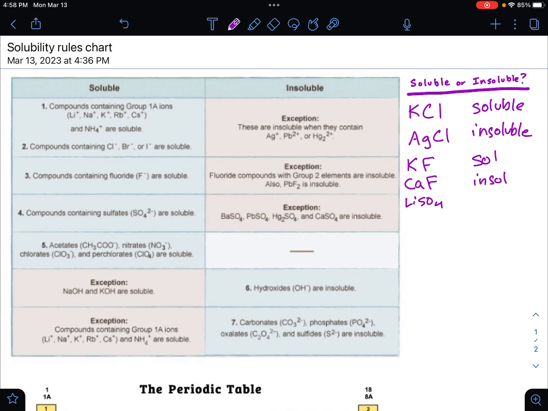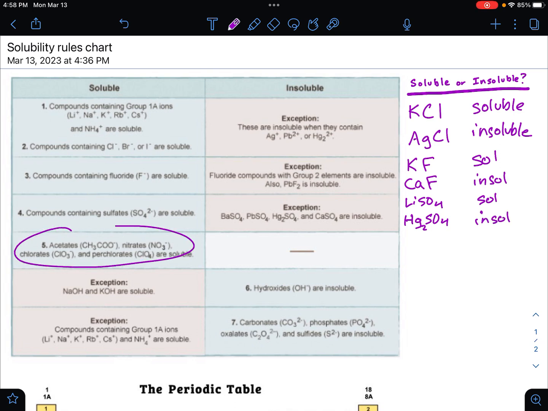Well, we know sulfates are soluble. Lithium sulfate's not an exception, so therefore it's soluble. And then what about mercury sulfate? Well, there it is right there. It's an exception, so it's insoluble. Easy peasy.